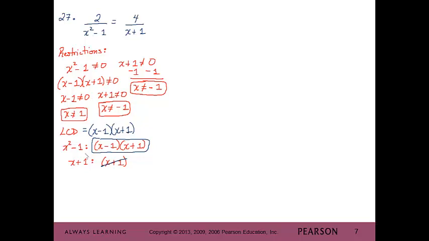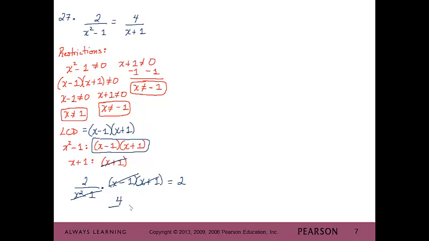So now let's multiply each term by it. So 2 over x squared minus 1 times x minus 1, x plus 1. Well, x squared minus 1 is the same as saying x minus 1 times x plus 1, so they all cancel out, leaving us with 2.